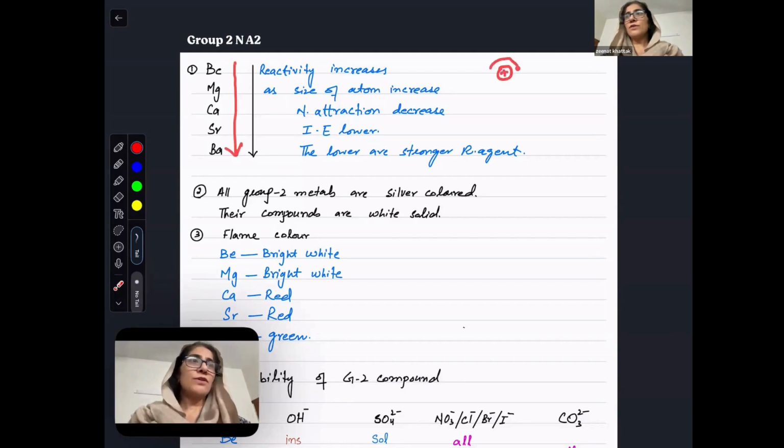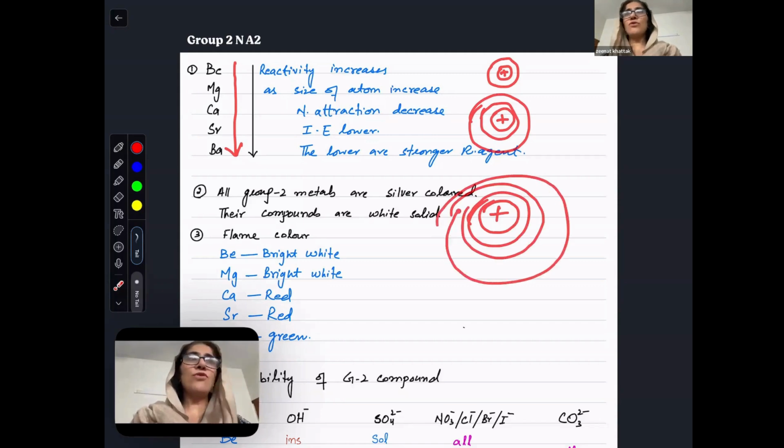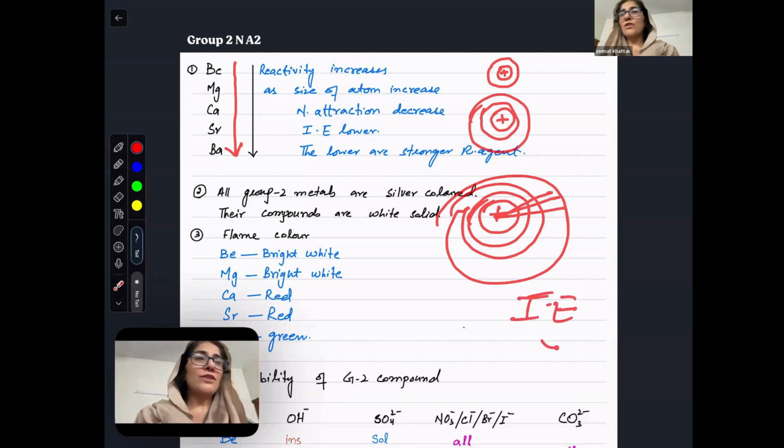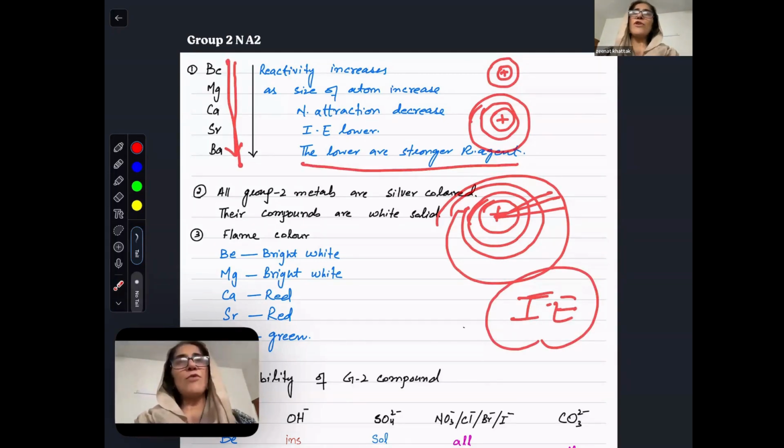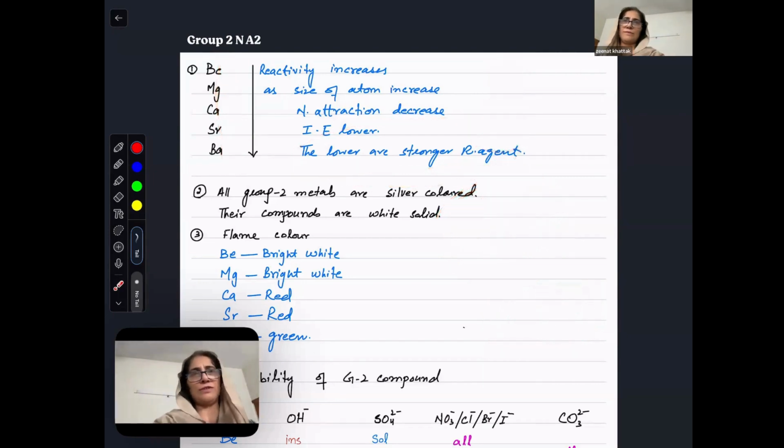Because their size increases, the number of shells is more, the size is getting larger, the nuclear attraction is less, the ionization energy is lower, and they lose electrons more readily. They are becoming more reactive. They are becoming stronger reducing agents.